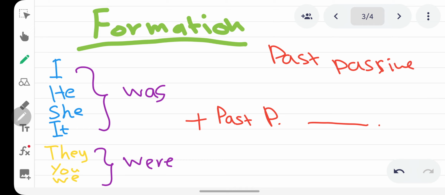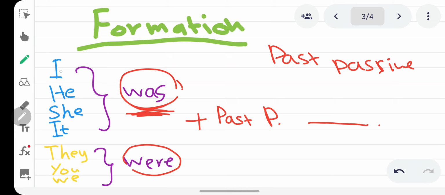Okay, so with the pronouns I, he, she, and it, we have what? Was. With the pronouns they, you, and we have were. You can put it in other words: with the singular pronouns I, he, she, and it, you write was.